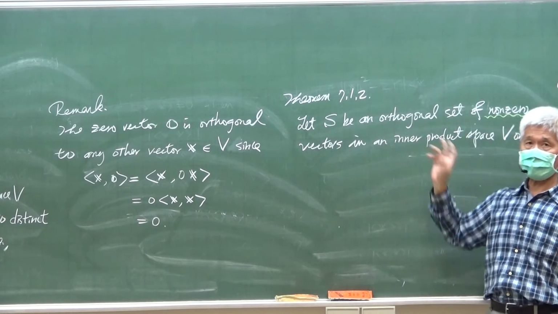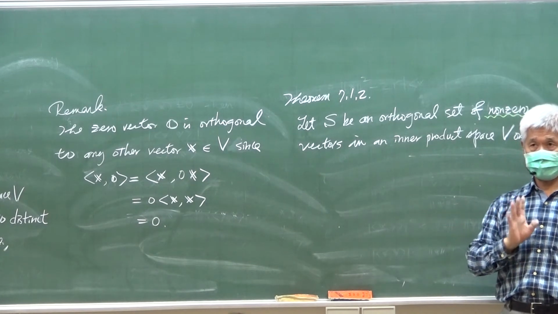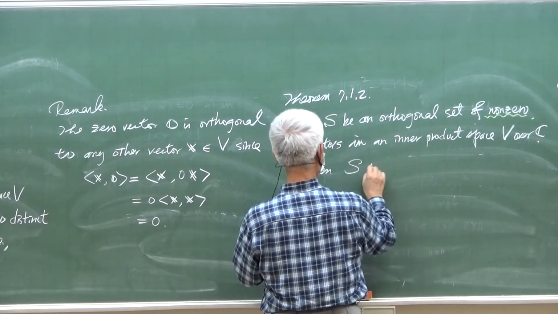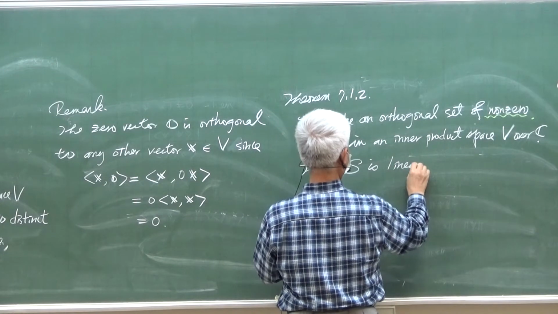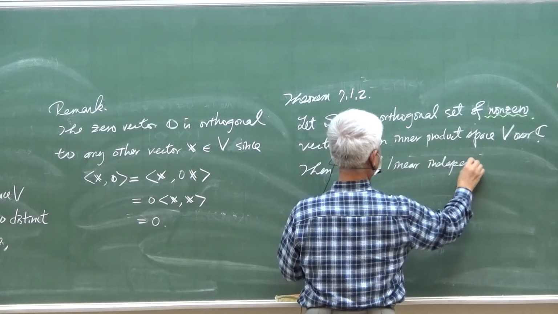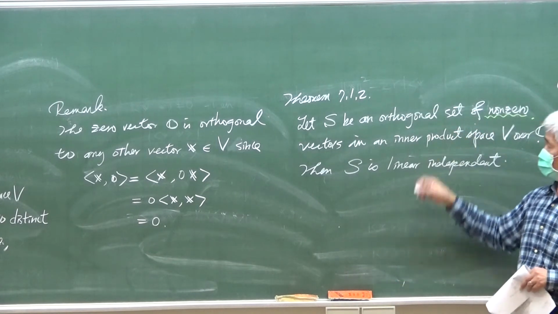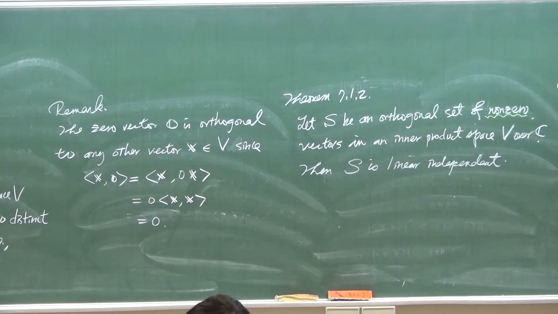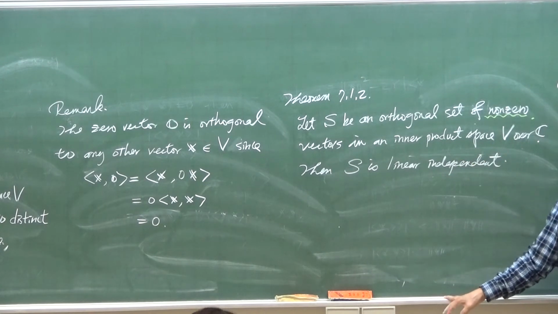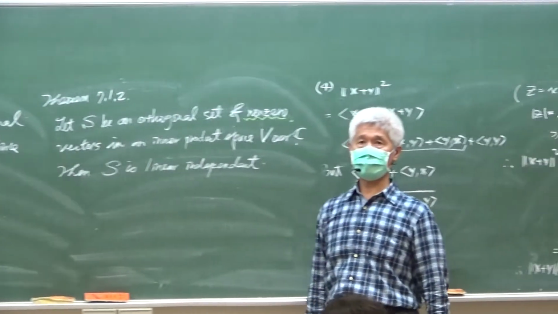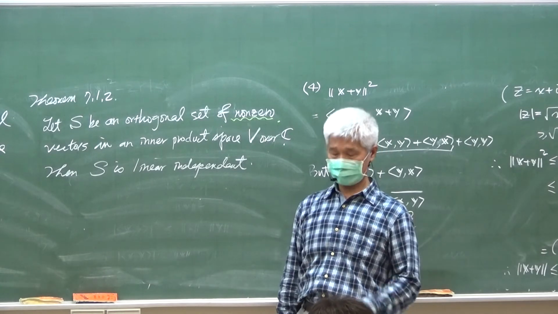This means the orthogonal set does not contain any zero vector. Then S is linearly independent. If you consider an orthogonal set which contains a zero vector, then it cannot be linearly independent, because any set containing the zero vector will be linearly dependent. So it is very important to put the non-zero there.